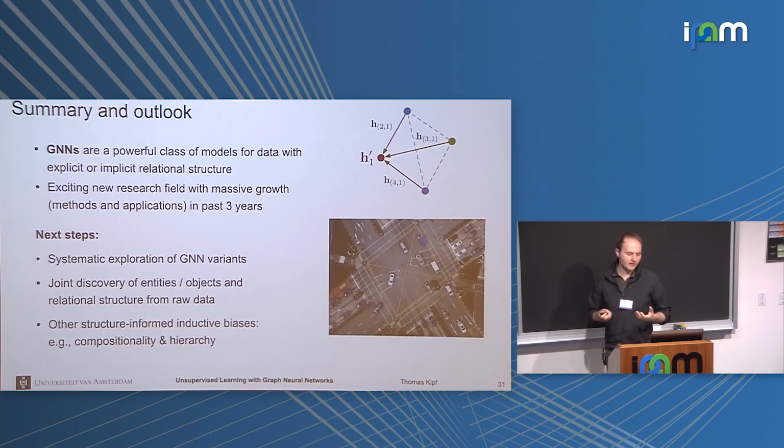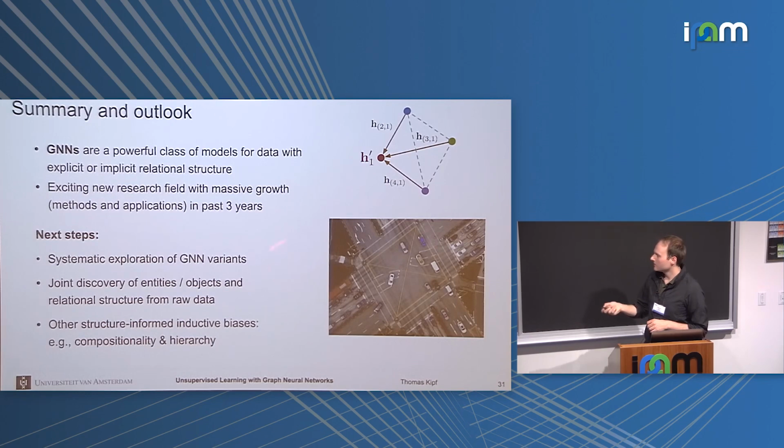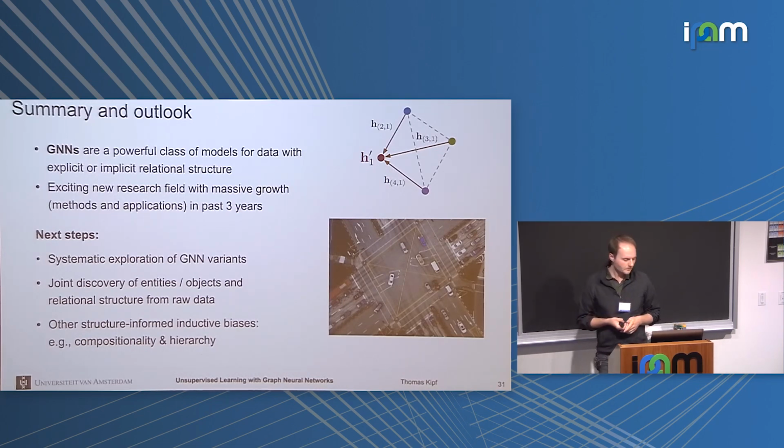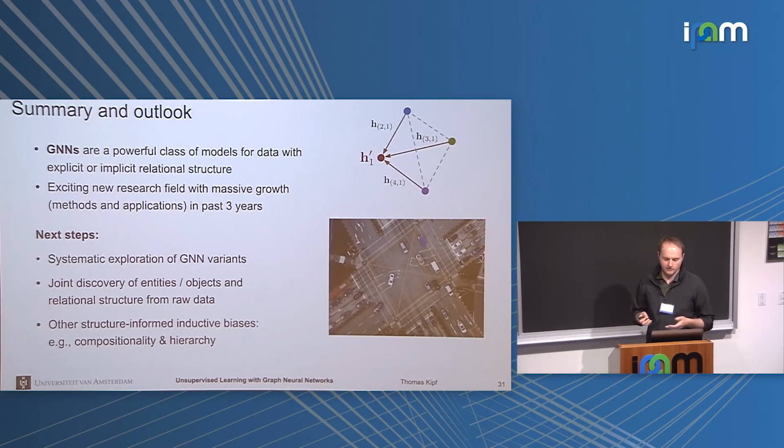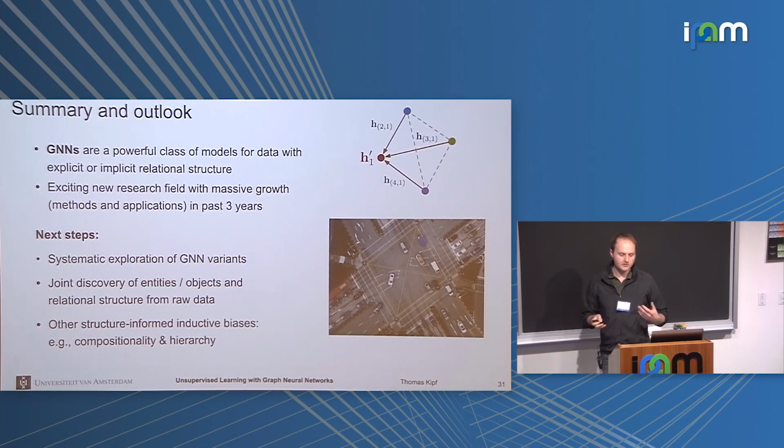But the ultimate holy grail is that we're just given an image like this and we would discover everything from scratch, like what is a node, what is an edge, and discover both the objects and the relational structure from raw data. And it doesn't stop with relational learning or relational inductive bias. In order to make better improvements in terms of generalization in machine learning, I think we should also look more into things like hierarchy or compositionality and how we can build this into neural network-based models.